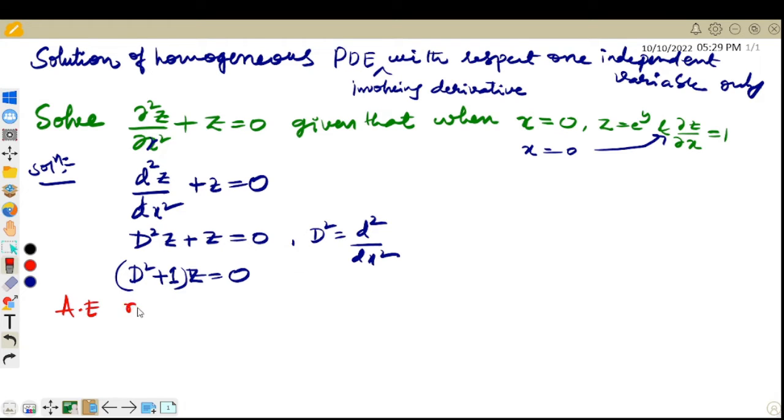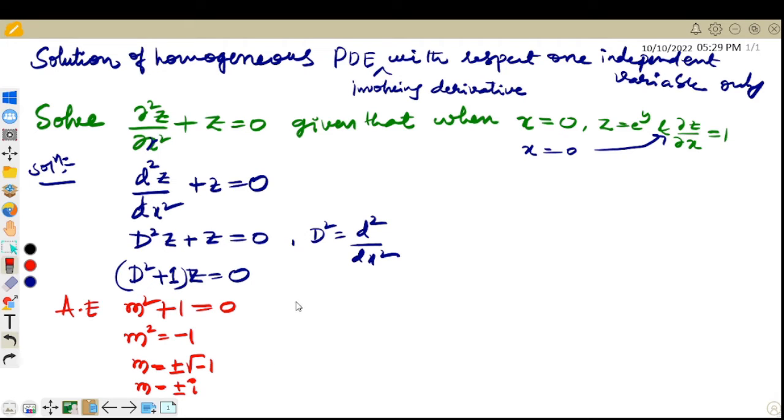The auxiliary equation is m² + 1 = 0. The auxiliary equation is obtained by replacing D by m and neglecting the remaining things. So m² + 1 = 0, m² = -1, or m is equal to plus or minus the square root of -1, or simply plus or minus i.